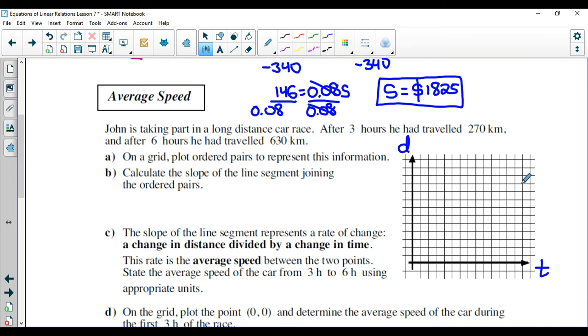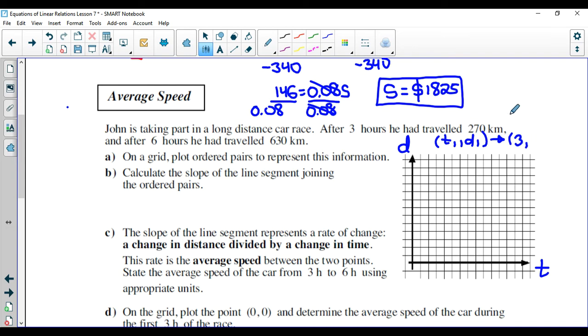Okay, let's try to set up a scale here. So what I know is, we can write down some ordered pairs actually. So this first ordered pair, we can write down in the form T, T is the variable I want to write down first. Okay, so T1, comma D1.